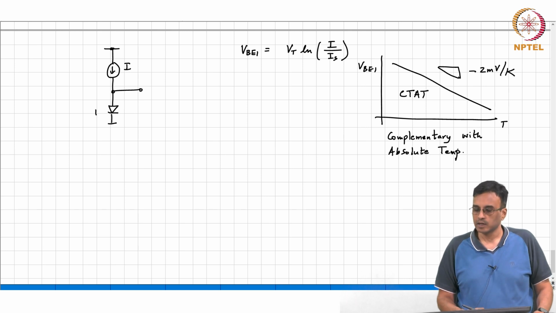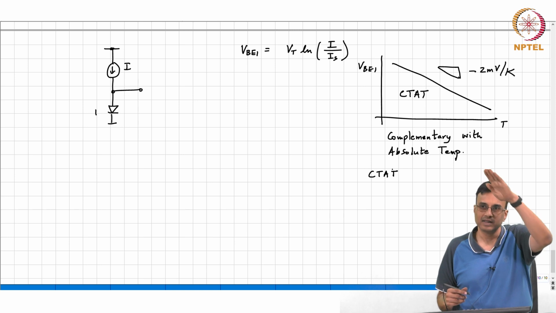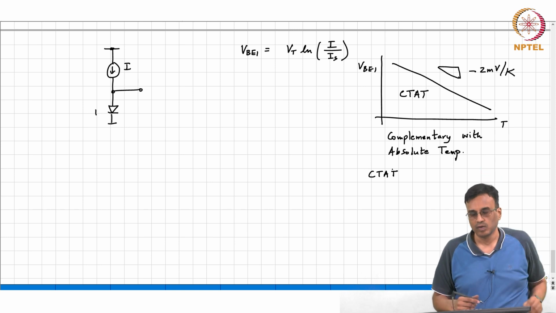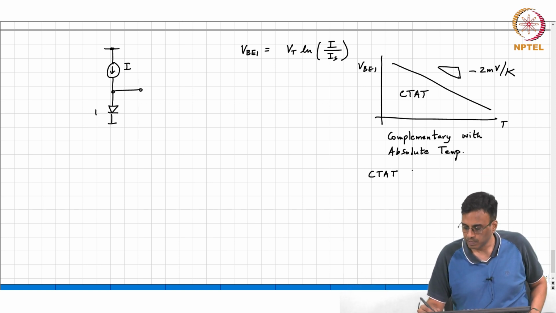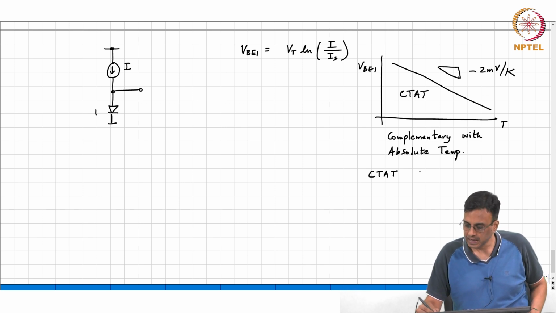All right. Now the question is, so we have a CTAT. To this we need to add something with positive slope. So that is what is called a PTAT, which stands for proportional to absolute temperature.